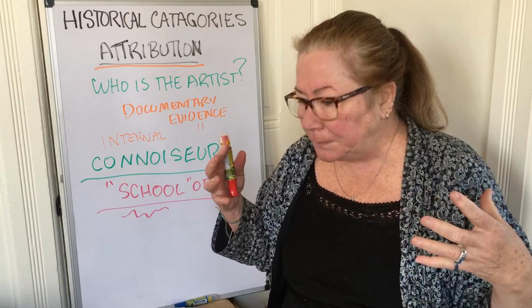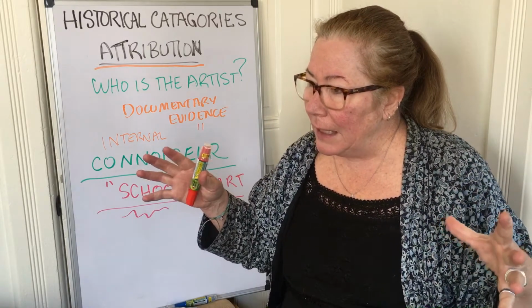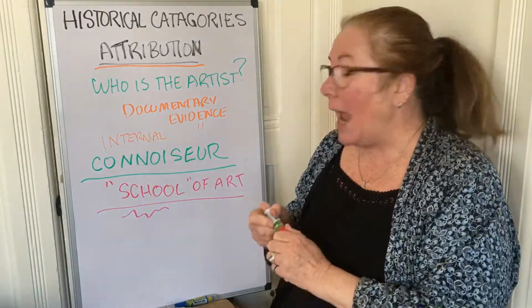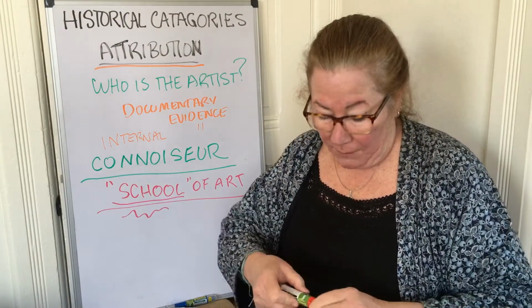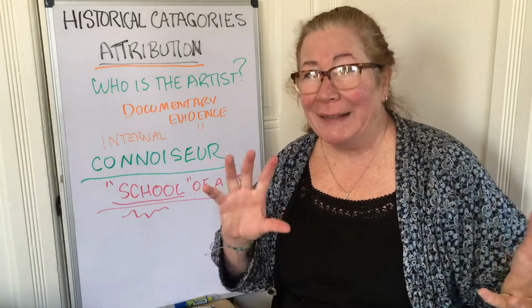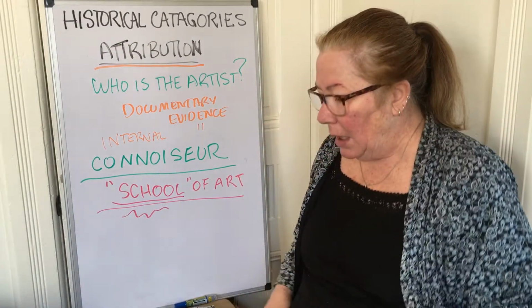And when they're all influencing each other in the same geographical area, that is what is known as a school of art. So it's not that they're taking classes together, but they are influencing each other. Okay, that's an important thing to think about there.